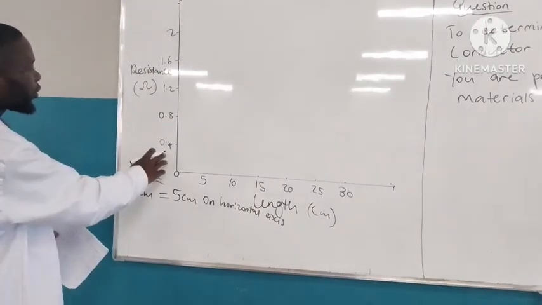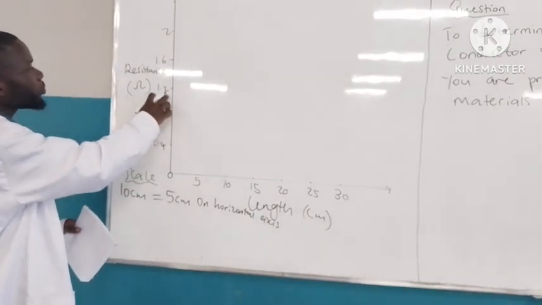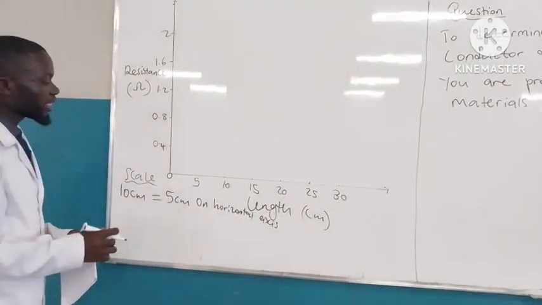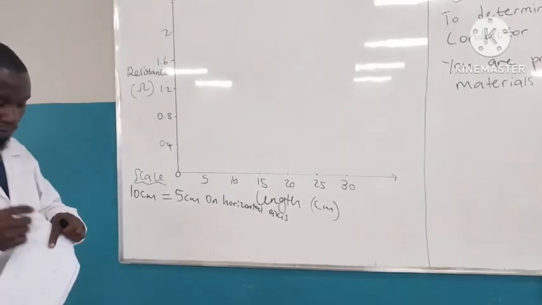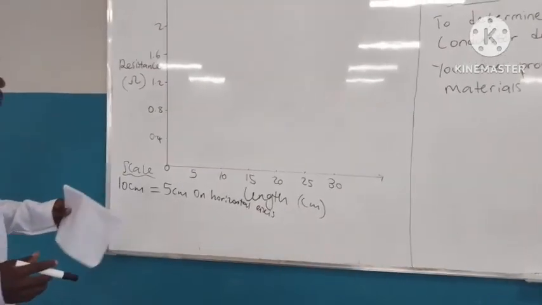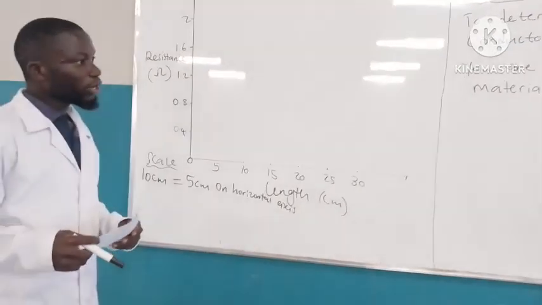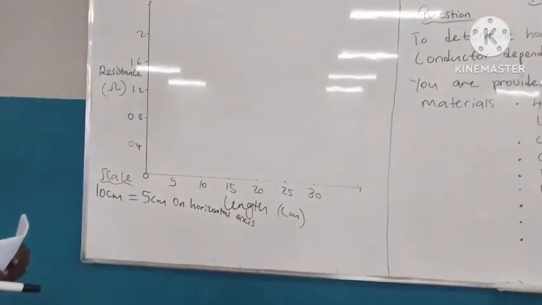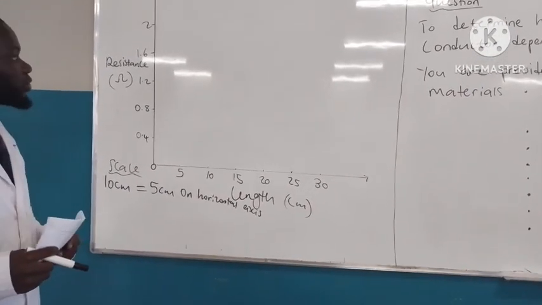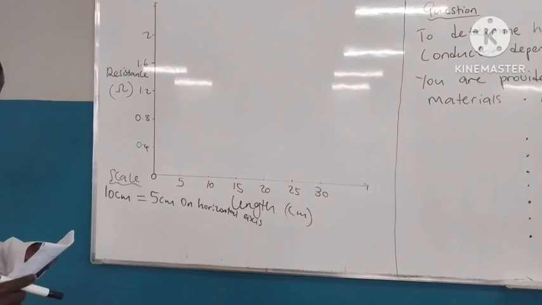We have 0.4, 0.8, 1.2, 1.6, then 2. That means we are increasing by 0.4, moving from one value to another. Then I will transfer my data from my table of values to the graph.